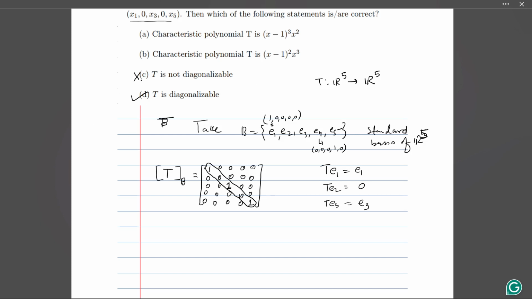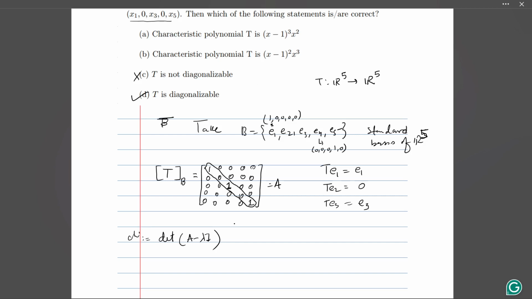This is false. Now, what will be the characteristic polynomial of T? This will be the determinant of, let's say this is your matrix A, determinant of A minus lambda I. This is your characteristic polynomial.